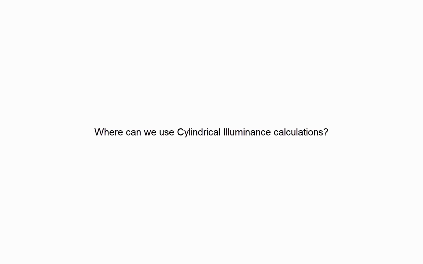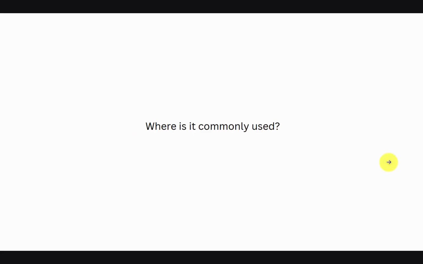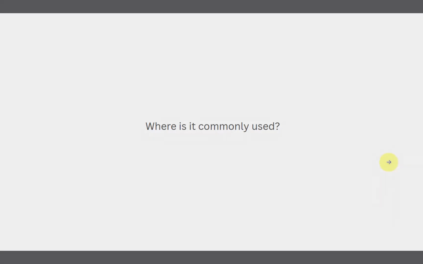Where is it commonly used? Where can we use the cylindrical illuminance? Any application where facial recognition is a criterion, an important factor of your lighting design, there you can use cylindrical illuminance.